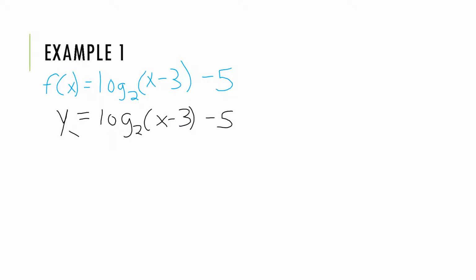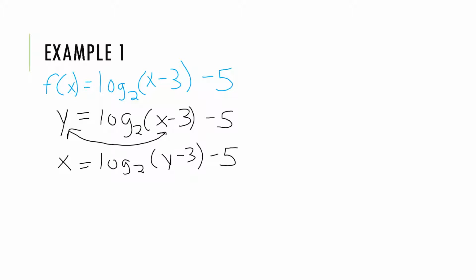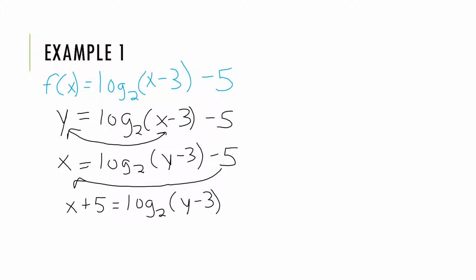Then you're going to exchange the x and the y. So you're going to make the y the x and the x the y, as shown here. And then you want to solve for the y. In this case, we are going to add 5 onto the side: x plus 5 equals log base 2 of y minus 3.